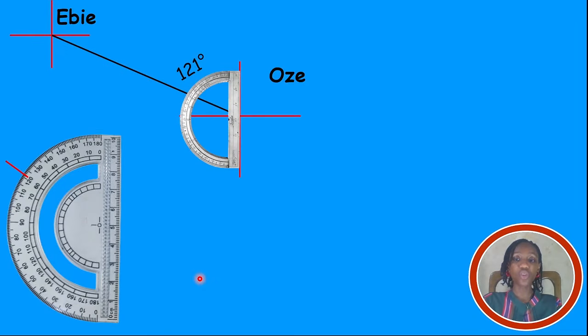But now that 121 degrees is not our bearing because it's only from the line to this place. That's 121 degrees. But our bearing is supposed to be all the way from the north to the line that we've drawn, connecting the two settlements. So now we can get our bearing in two ways. Firstly, 121 plus 180 degrees, giving us 301 degrees.